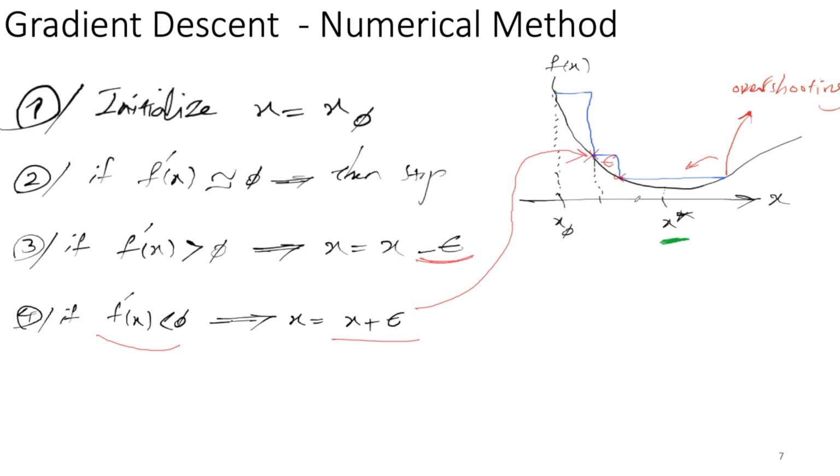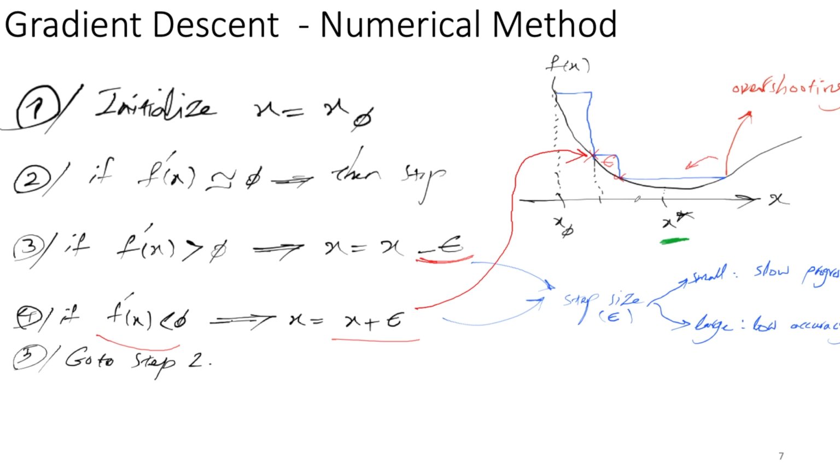convex function, right? So we mentioned that a smaller step size would slow your progress. A very large step size would overshoot your solution, and you would pass the solution. You have to come back again. And this would go on in a loop until you hit the x star, which was your optimal point, the global minima.